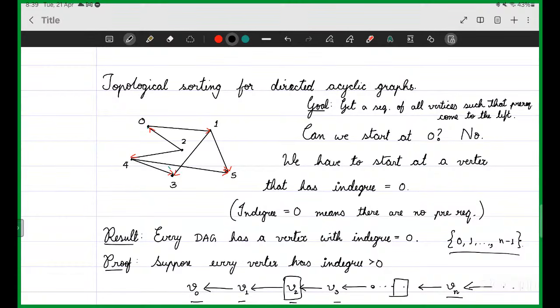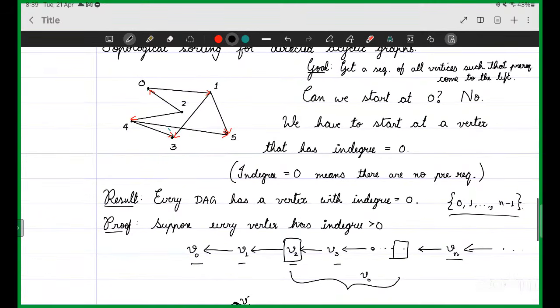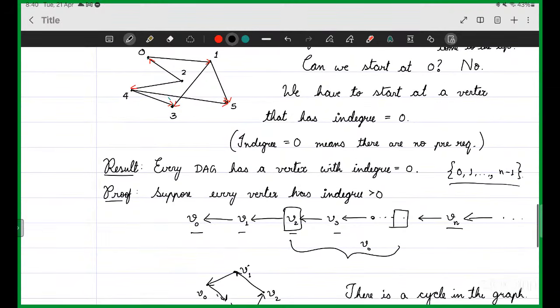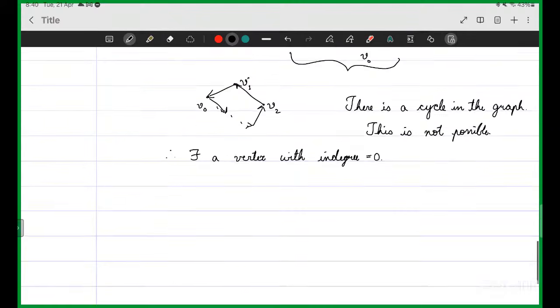But in general, that might not be the case. We thought that there is a possibility that it might not be the case, but this result proves that this is the generic case. In every directed acyclic graph, there is a vertex with in degree equal to 0.